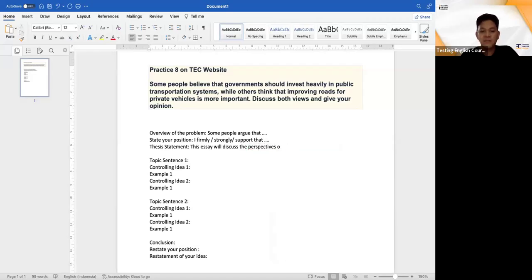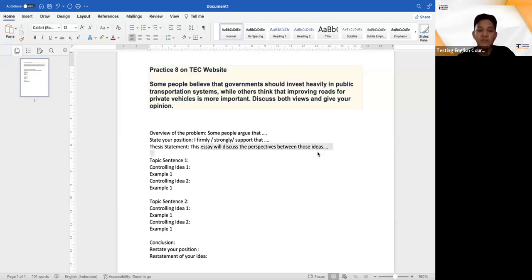Sorry, missing an S. This essay will discuss the perspectives between those ideas. If this is not clear, you have to write it out more clearly. But here is how you develop your thesis statement. This essay will discuss the perspectives between those ideas.